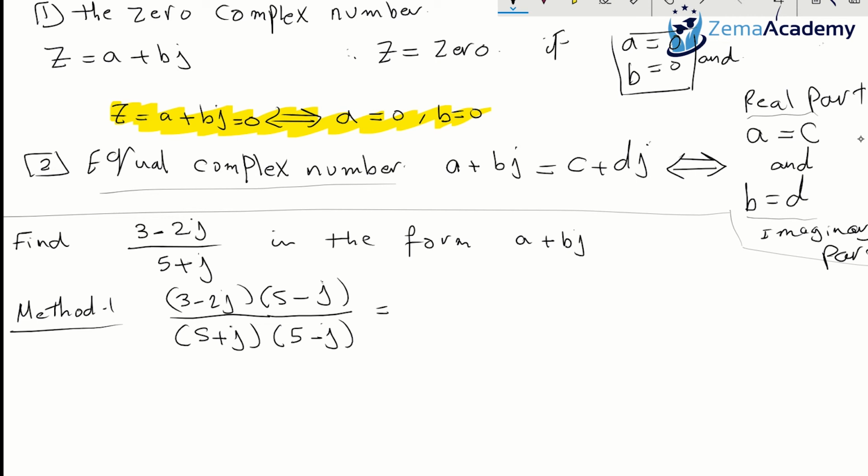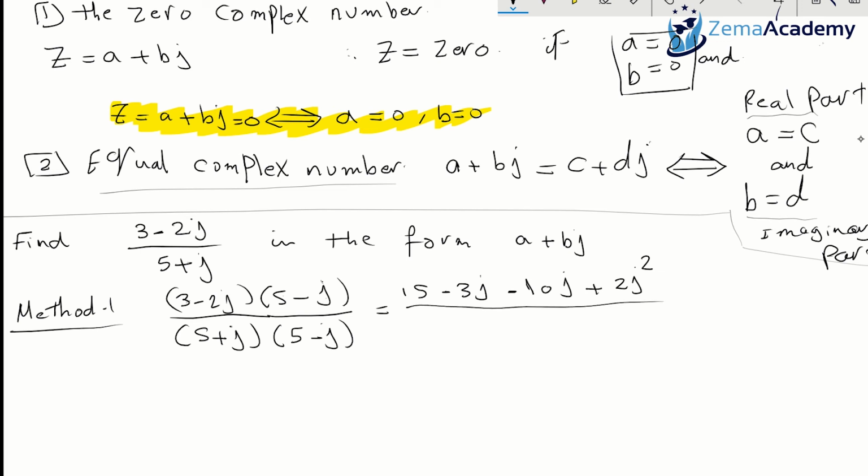So you will have 3 times 5 is 15, 3 times minus j is minus 3j, minus 2j times 5 is minus 10j, minus 2j times minus j is plus 2j squared.